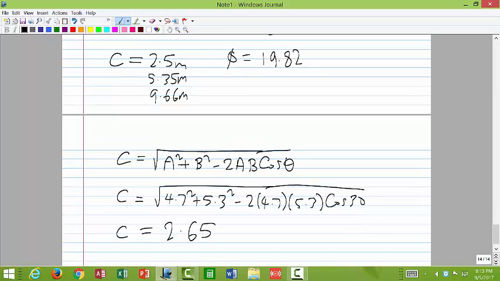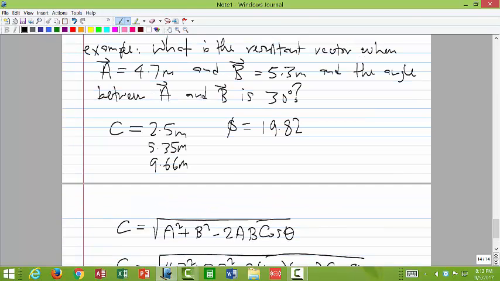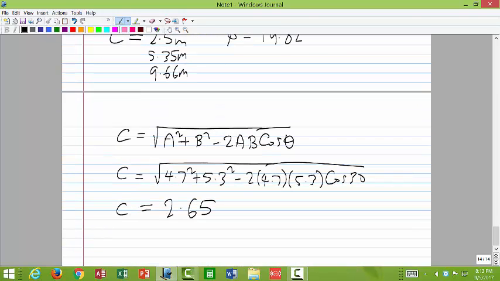Did I give you plus or minus? I thought I gave you minus. Yeah. So the angle between the two is 30 degrees. So C equals 2.65. Okay, I guess that's what we're getting.